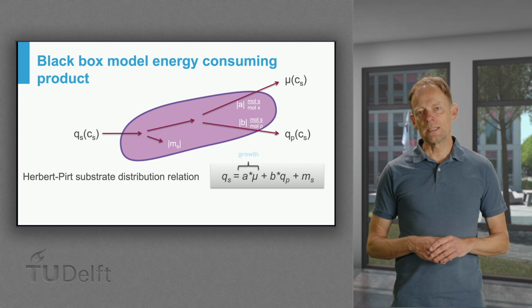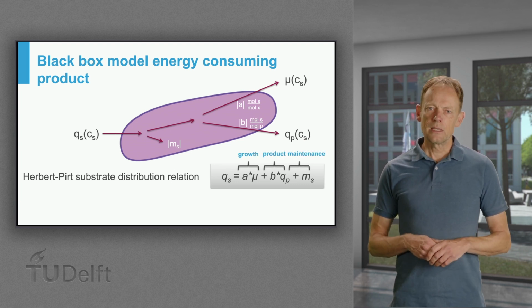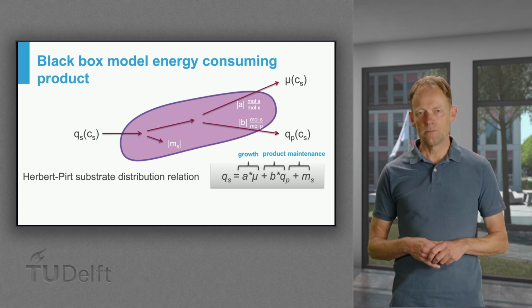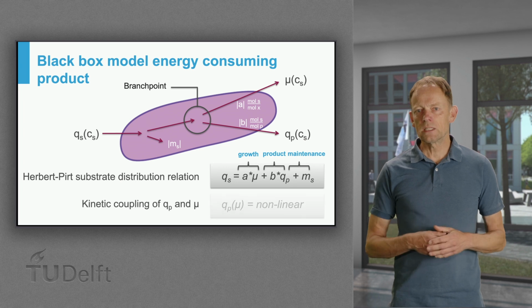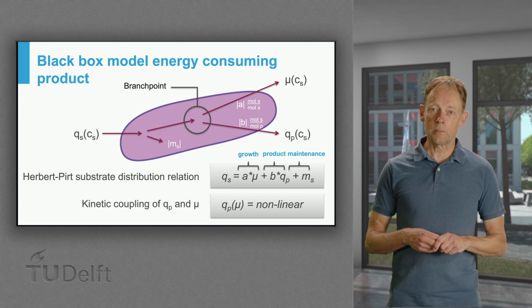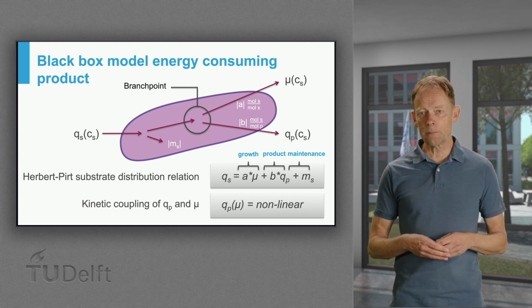This results in the Herbert-Pirt substrate distribution relationship, and in this form applies to products that are consuming energy. Then we need an aerobic process and rely on kinetic coupling of Qp and mu. This is usually a non-linear relationship between Qp and mu.